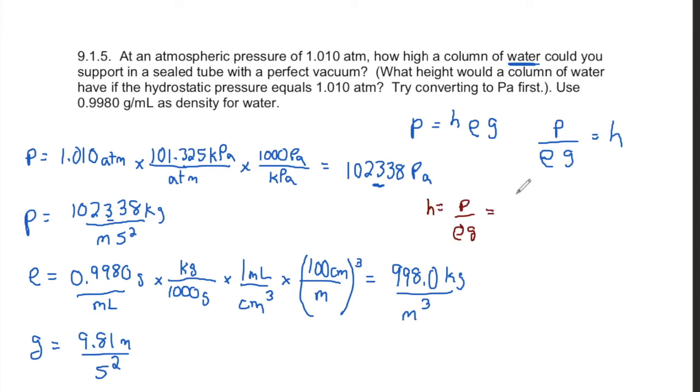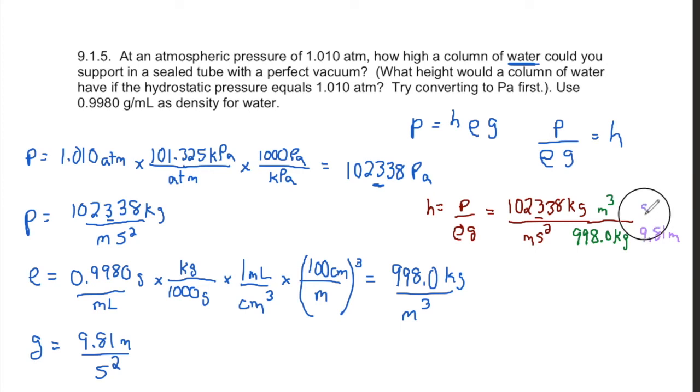All right, so let's put in the values with the proper units into this equation. Here we have the pressure, 102,338 kilograms per meter second squared. The density is 998.0 kilograms per meter cubed. And then gravity is 9.81 meters per second squared.